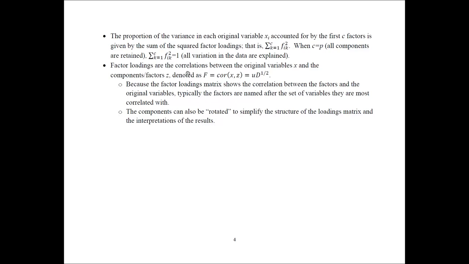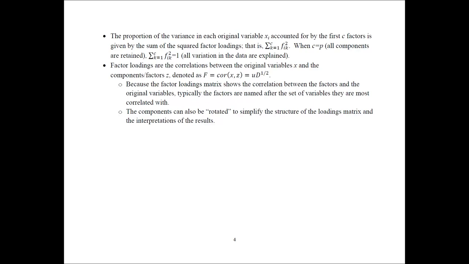So the factor loadings are the correlations between the original variables x and the component factors z, which would be the correlation of x and z, and that is also u times D to the 1/2, and we will actually look at these in the example section in the next video. Now, because the factor loadings matrix shows the correlation between the factors and the original variables, typically those factors are named after the set of variables they're mostly correlated with.